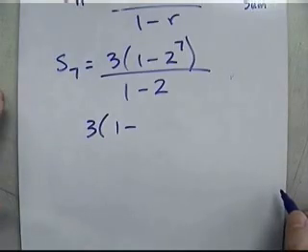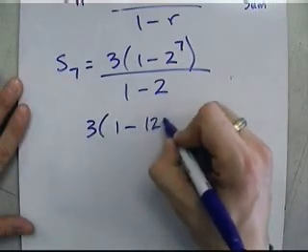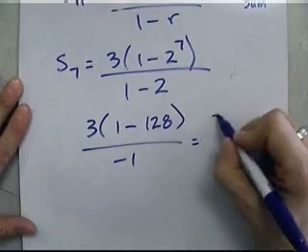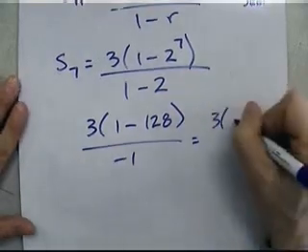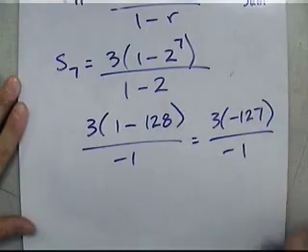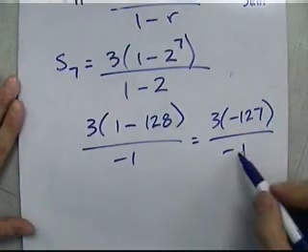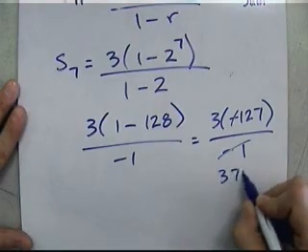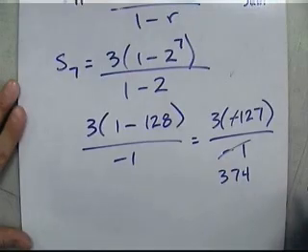128? Can they do that? 2 to the 7th, 128? Yeah. And 3 and then 1. Is it really?